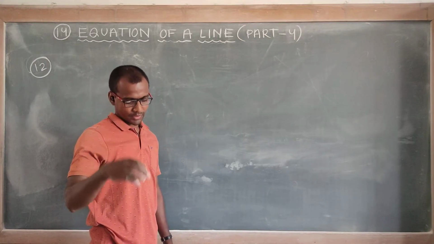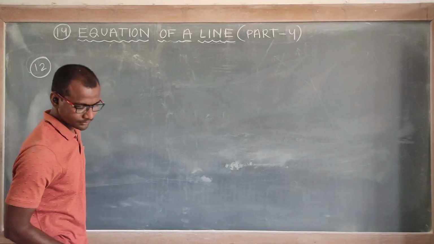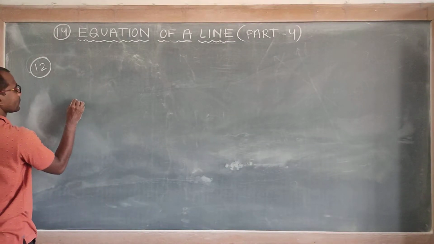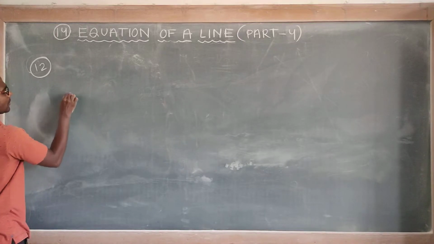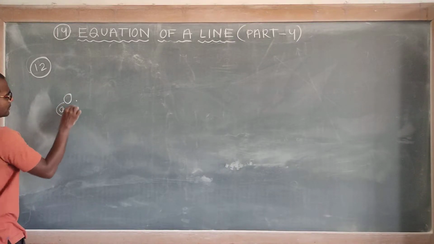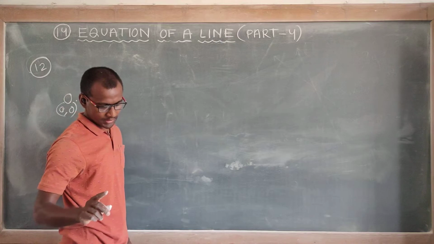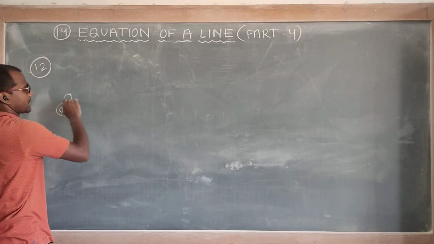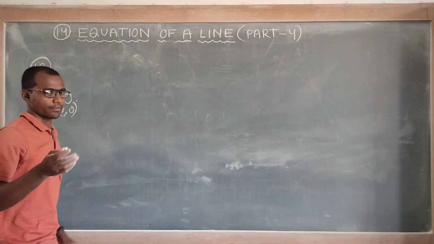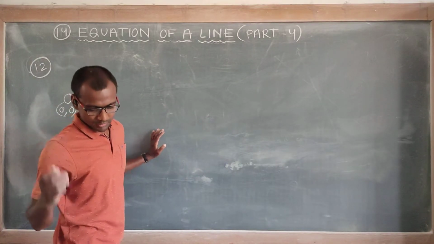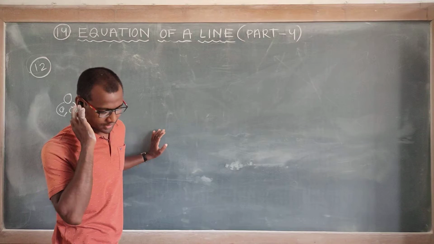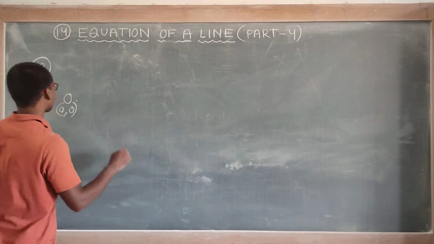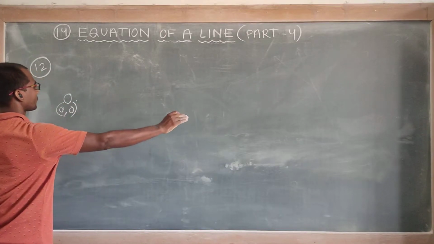OAB are the vertices of a triangle. O is 0, 0, origin. Suppose this is O. A is 3, 5. Imagine that this is x-axis. Accurate diagram is not necessary, but I have the habit. I am a little addicted to accurate drawing. So A is 3, 5. This is x-axis. Suppose this is y-axis.